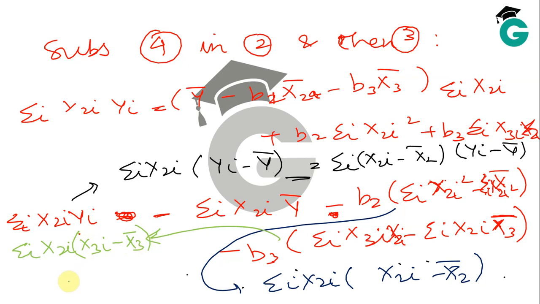So this could be (x2i minus x2 bar) into (x3i minus x3 bar), using the same thing as described here.